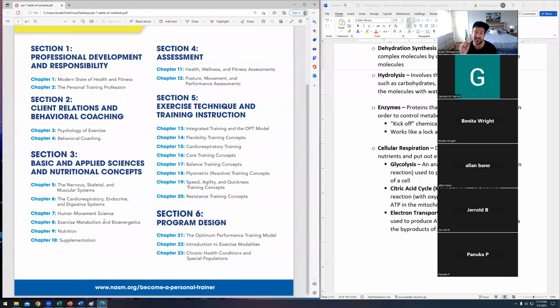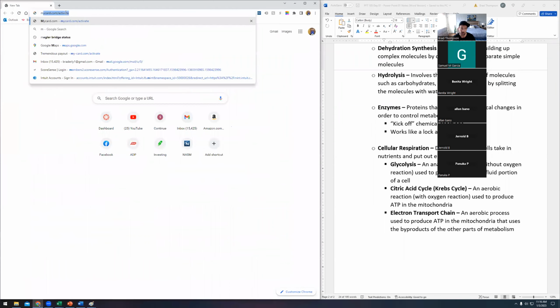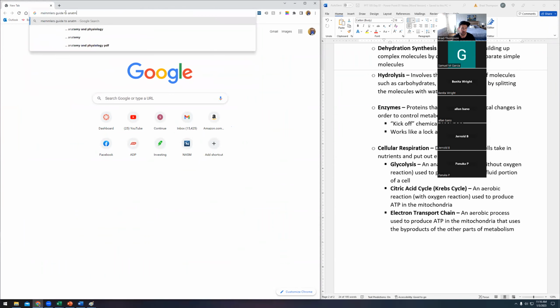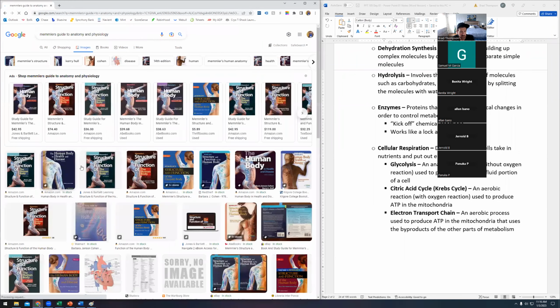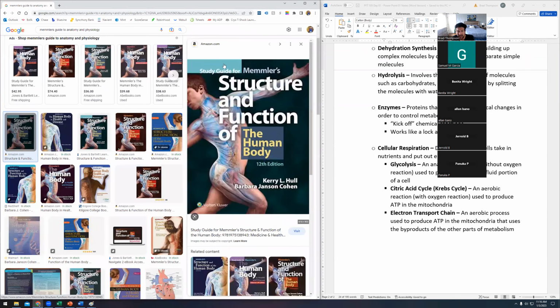So what I would recommend instead is if you look at your Memler's textbook. Do you remember this one, the Memler's textbook? It's in your bag. I can't remember which one it looks like. I think this is the cover you guys have right now, or it might be this one.